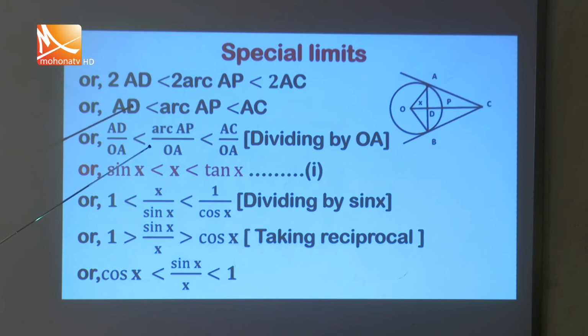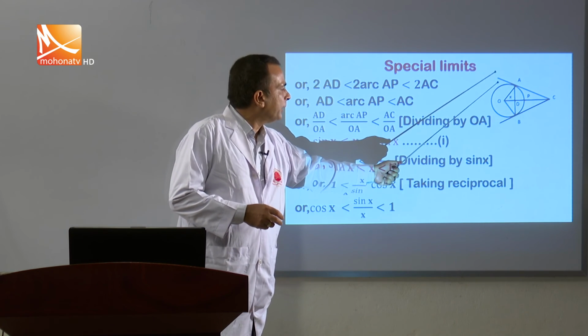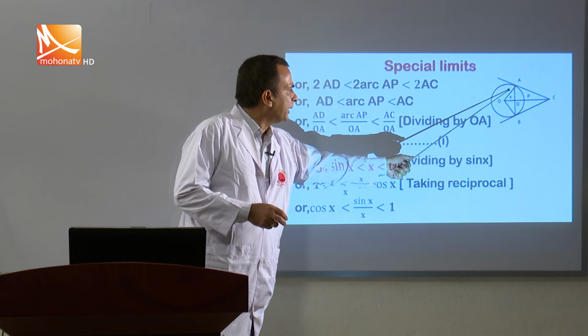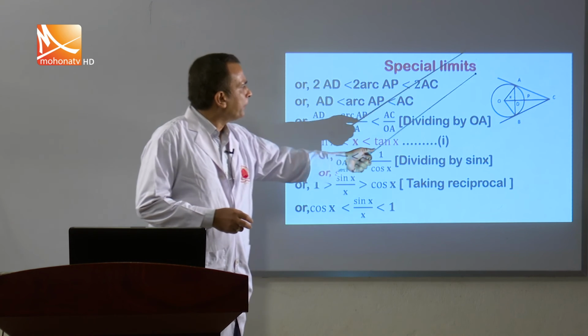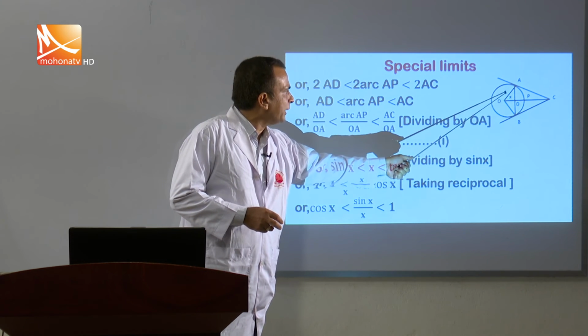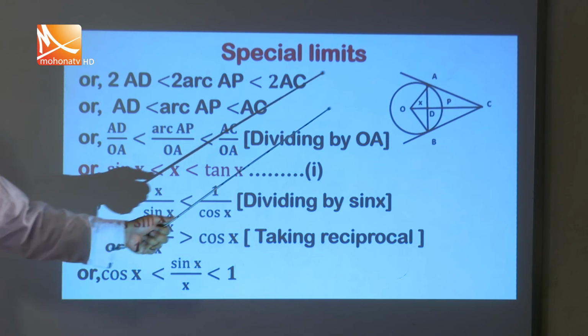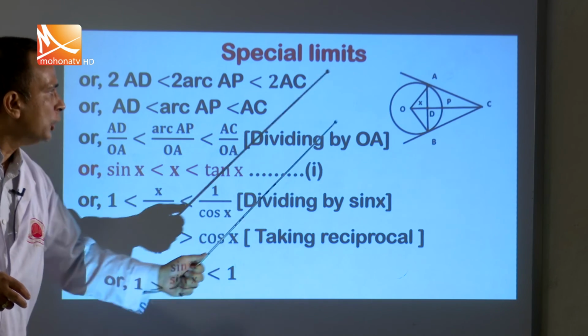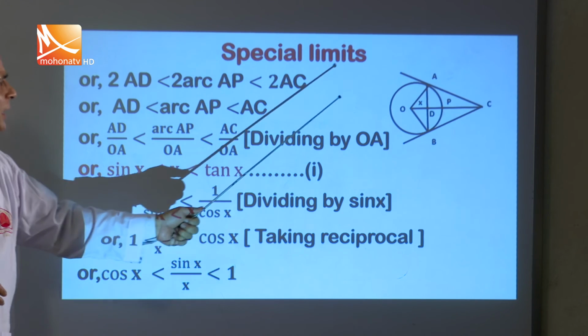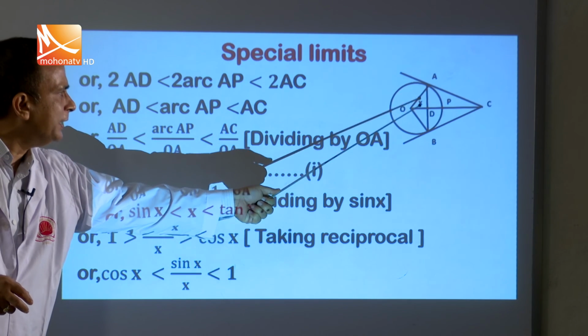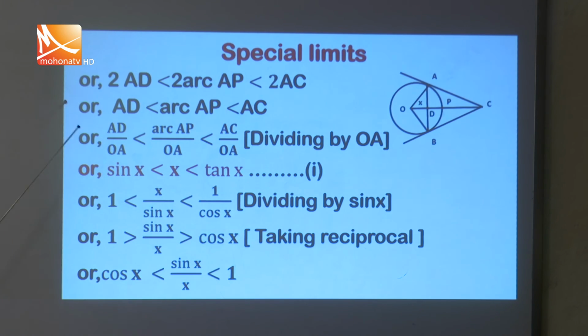Now take a look at the figure, in the right angle triangle AOD. AD is the perpendicular, OD is the base, OA is the hypotenuse, and the angle is x. The ratio of sine is perpendicular by hypotenuse, that is AD by OA. So in the right angle triangle we can write AD by OA equals sin x.